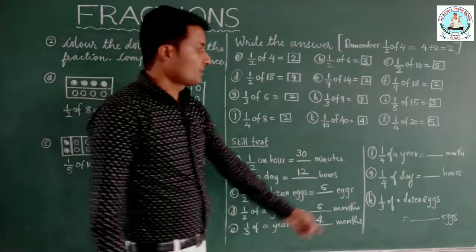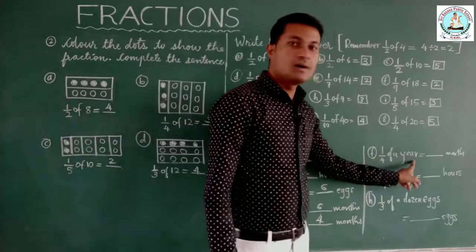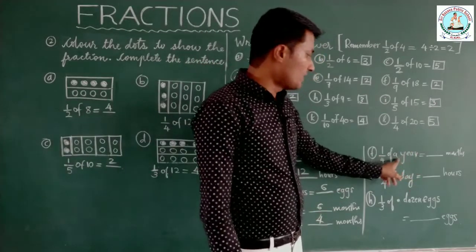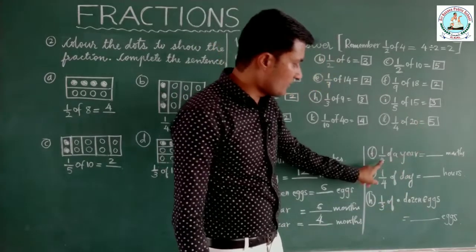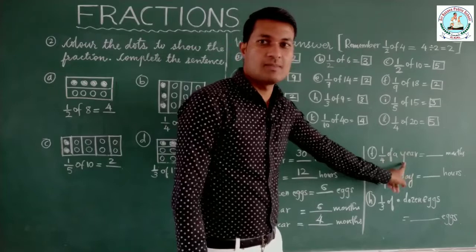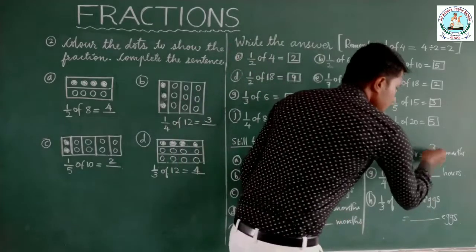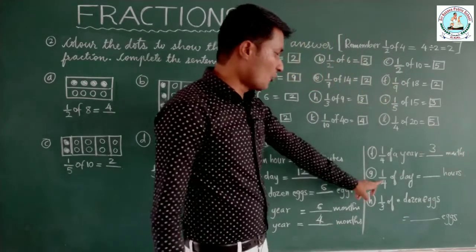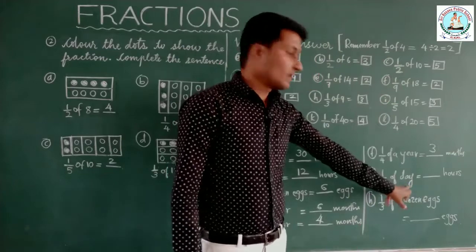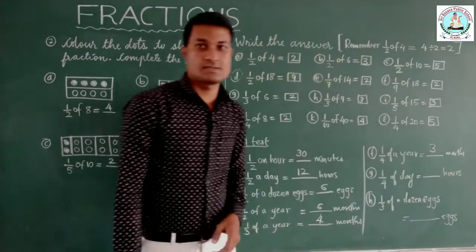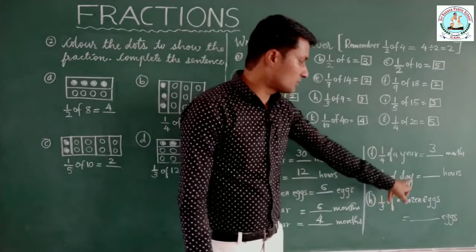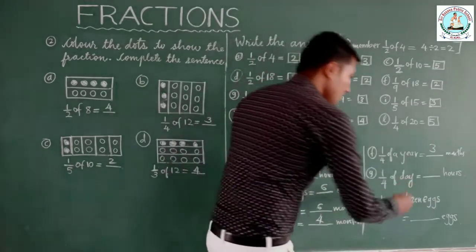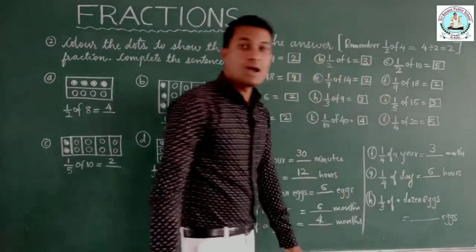Then 1/4 of a year. 1 year has 12 months, and 12 months divided by 4, or 1/4 of 12 months, how much? It is 3 months. Next, 1/4 of a day, and they are asking the answers in hours. 1 day will have 24 hours, and 1/4 of 24 hours will be how much? 6 hours.